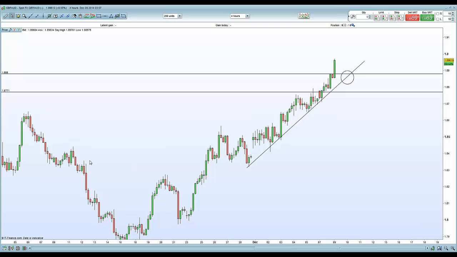Now, the reason why I like pullback trading is this. Let me give you an example. We are very clear now that the trend is bullish, so all I'm looking for is support levels to take it to the upside. Let's say it comes down here, we're also very clear that there's a lot of resistance around this level here. It hits my support, maybe I zoom into a shorter term time frame like 15 minutes or 1 hour, I see signs of bullishness, I take the trade and it goes up.